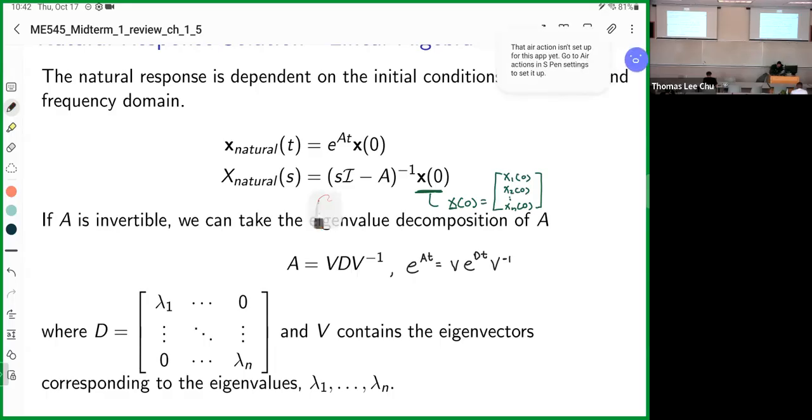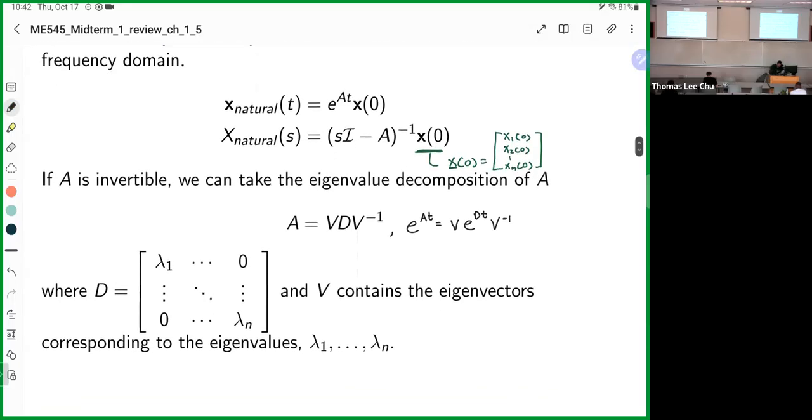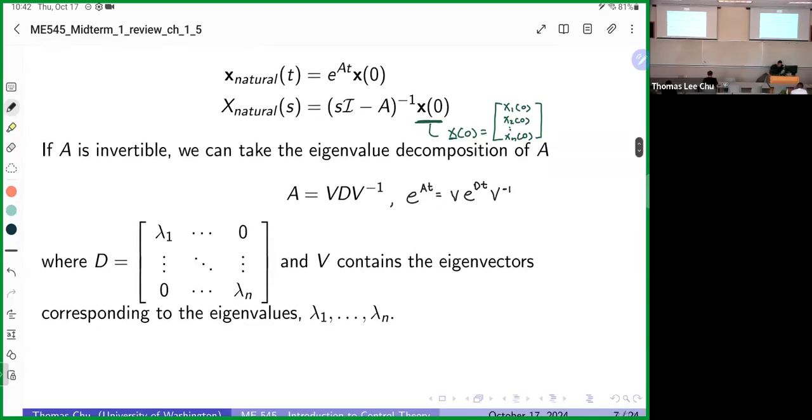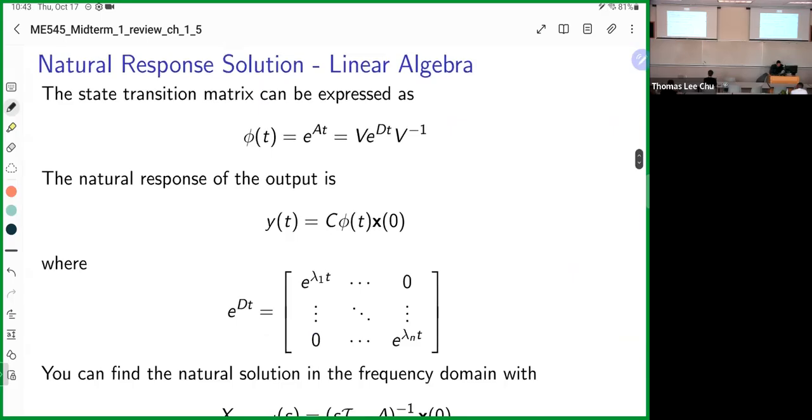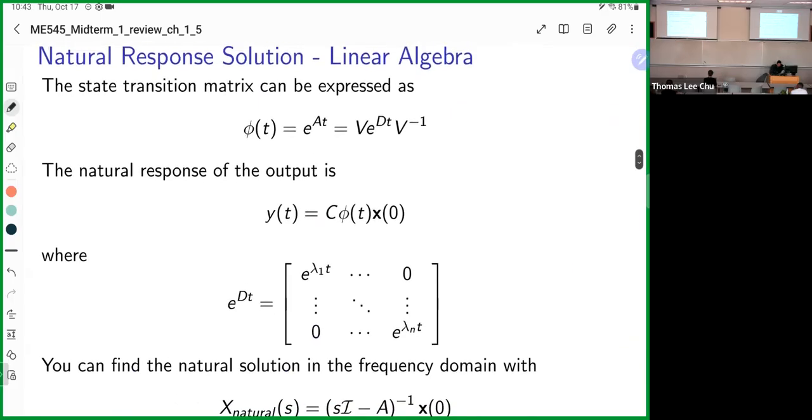Now, 564 should have covered this: you can decompose your A matrix into a set of eigenvectors with the corresponding eigenvalues in this diagonal matrix for all real and complex conjugate eigenvalues. So then we can use this decomposition as our natural response solution.